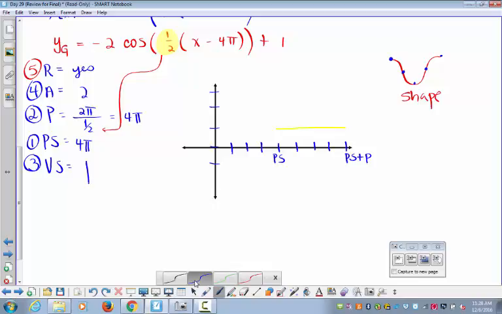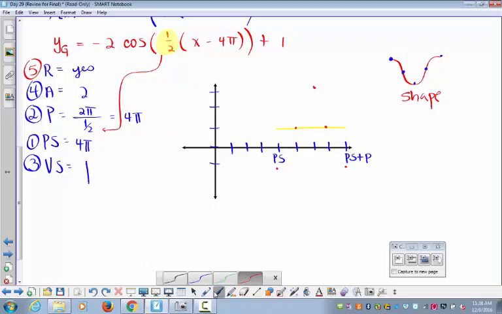So because there is a reflection, we take our basic shape, and it's going to flip. So our basic shape gets flipped. We are going to have, instead of the endpoints being up, the endpoints are going to be down on the left and down on the right. And then dead center, instead of down, we're going to be up, and we'll form this V on the center line with those 2 points.